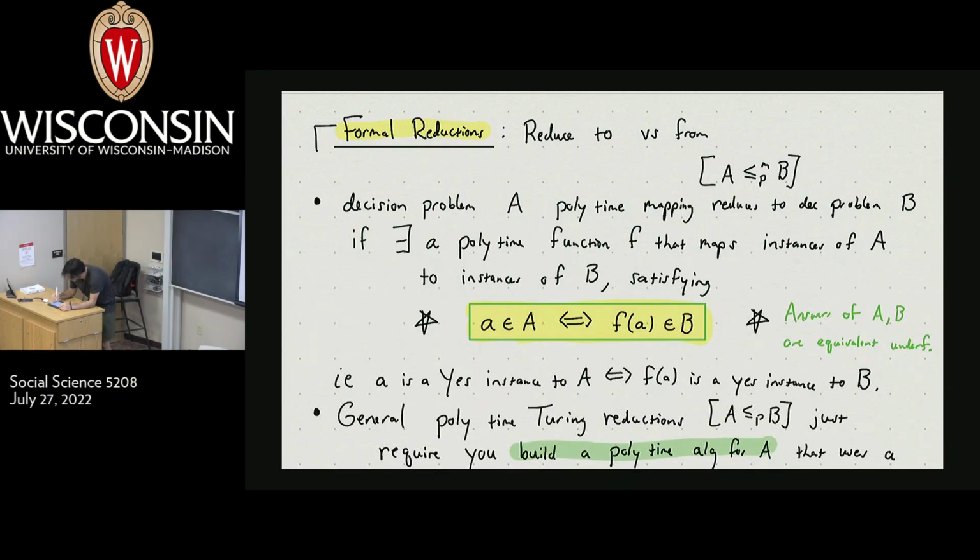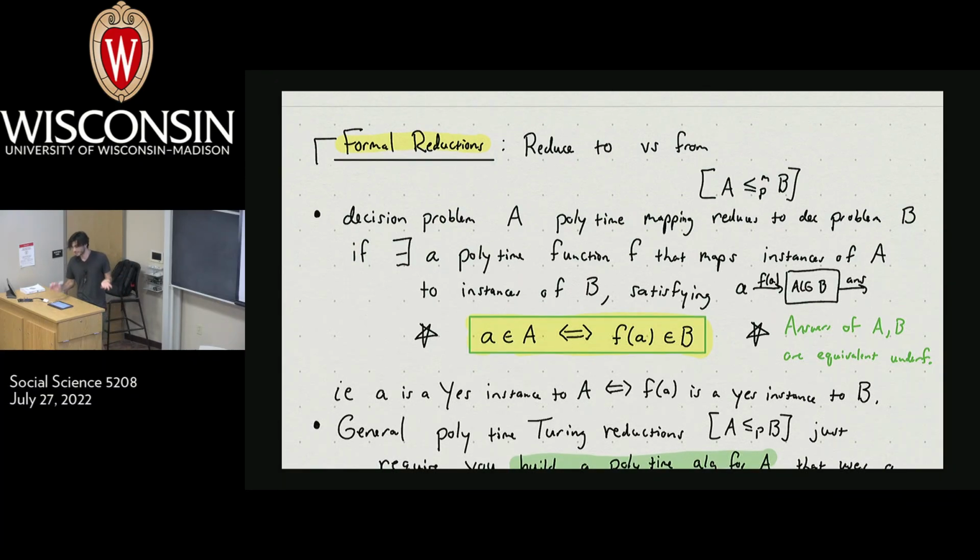You have this box here, which is an algorithm for B. You take your instance a, you turn it into f of a. f of a goes into the algorithm for B, and whatever the answer is, that's your answer. So it's basically a reduction. You're solving problem A using problem B as a black box.